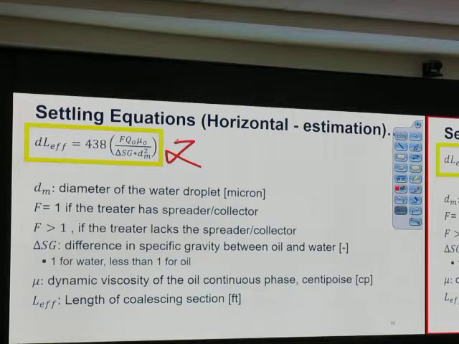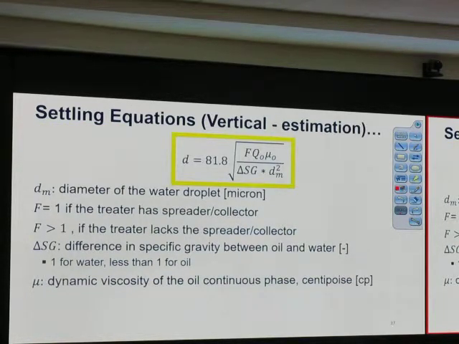F, typically we just set equal to 1 if it's just a regular heater treater. The derivation of this is the same as the horizontal separator. Okay. Vertical one, we have another formula.